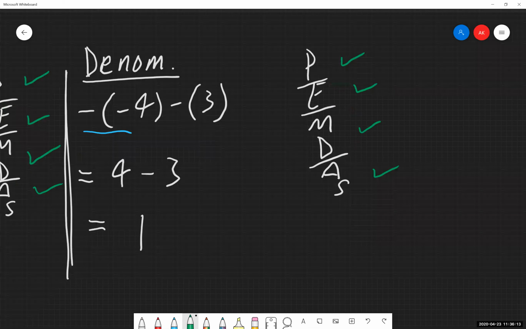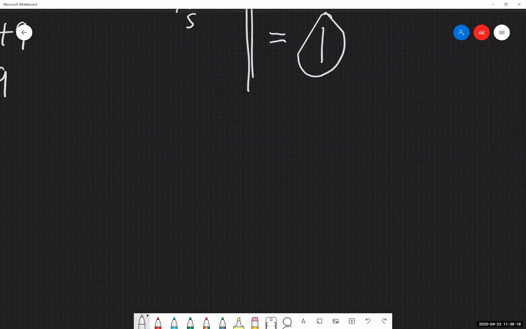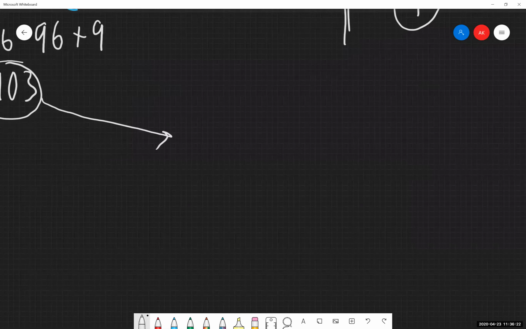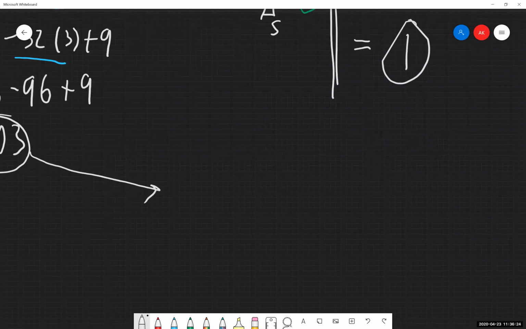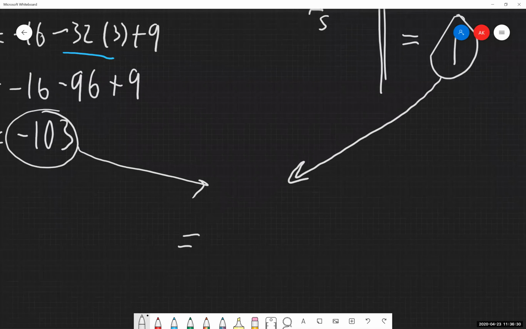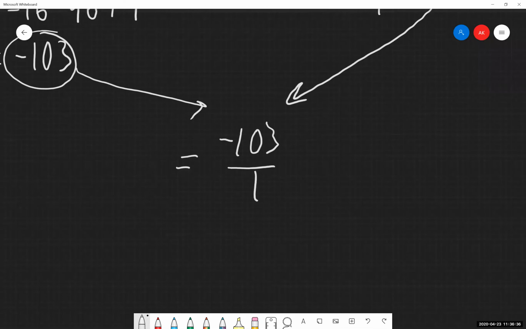So now we have our denominator, we have our numerator. Here, I'm going to bring these together. So I have -103 over 1, and that simplifies down to just being -103.